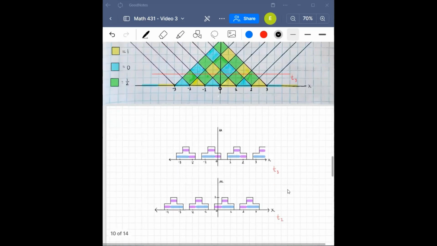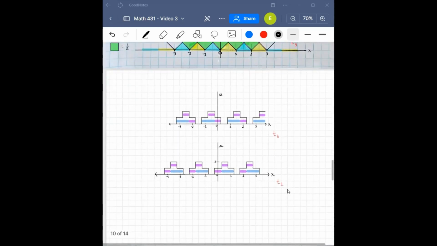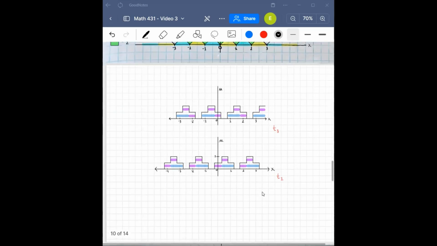But looking at our two graphs from time 1 and time 3, we can see that where it's a height of 1 in time 3, it's a height of 0 in time 1. And so that is clearly showing how these waves are shifting and stacking and unstacking as time changes.